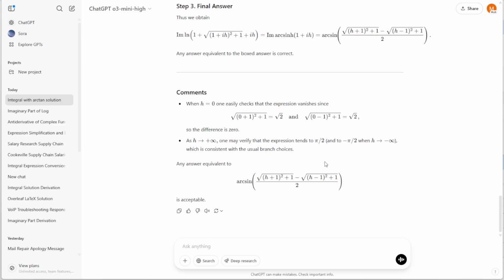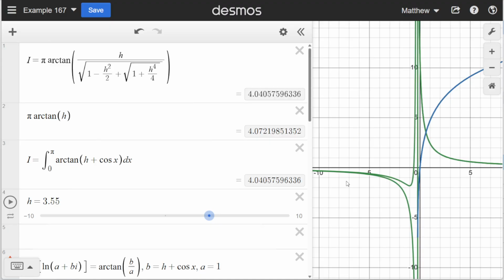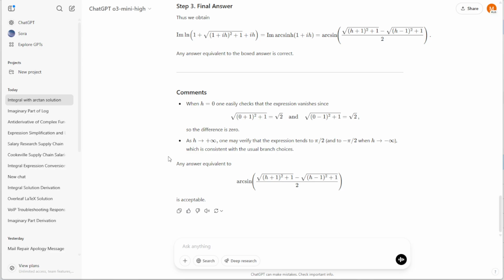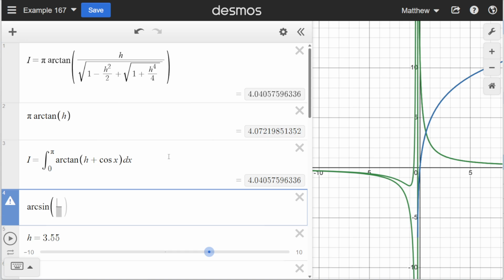All right, let's see if ChatGPT o3 mini high got it. Let's plug in arcsine of, we got a fraction here.